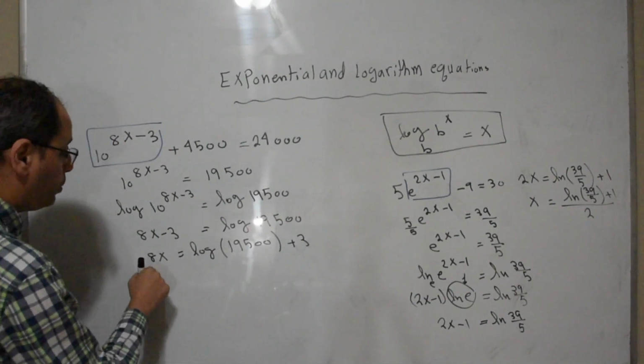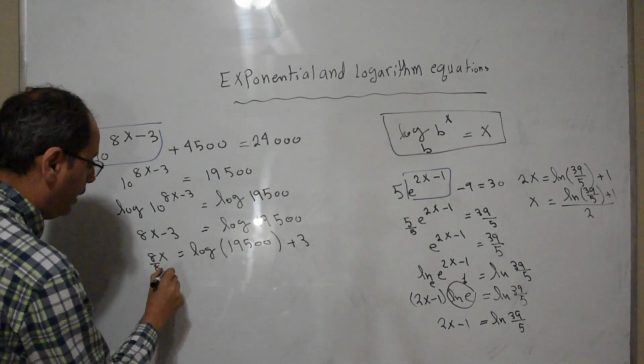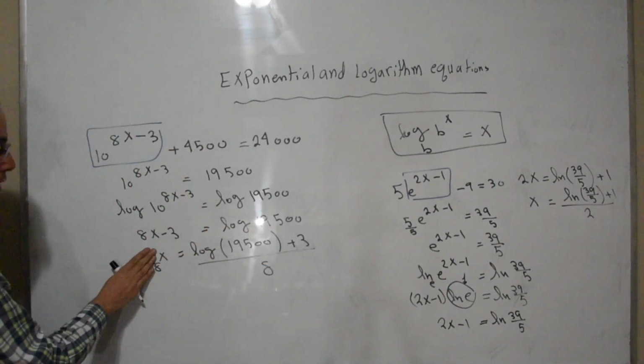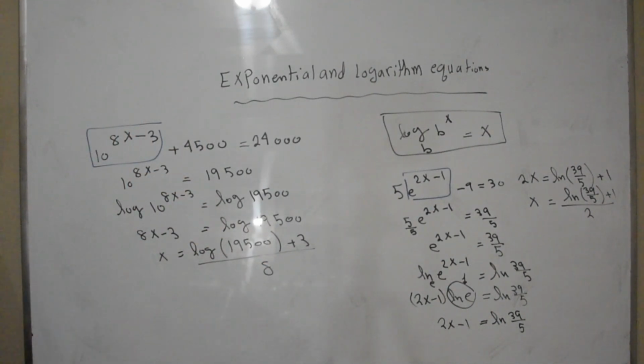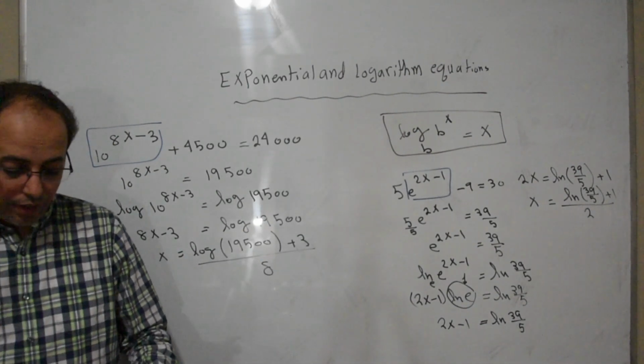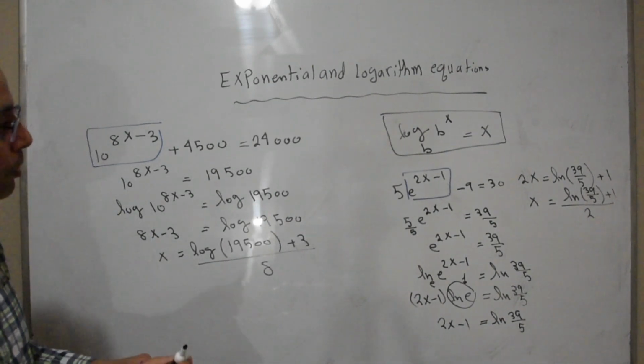Then the last step is to divide by 8. I divide by 8, divide by 8. So now I have x is that guy. Okay, I hope that this is clear. I have 3 more problems.